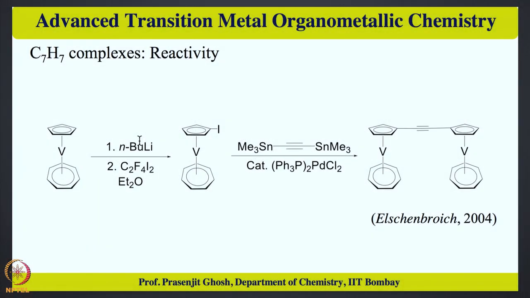Actually, lithiation is a powerful reaction, used as a useful tool for synthesizing various kinds of metal complexes, and we see a nice demonstration of this fact in these 4 or 5 different examples which we discussed right now under lithiation, which showed that different types of chemical entities can be synthesized by the selective mono or di lithiation using mild or harsh conditions.